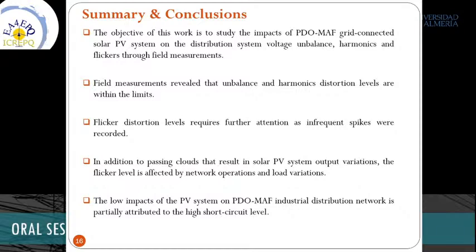However, flicker distortion level required further attention as infrequent spikes were recorded, in addition to the passing clouds that result in solar PV system output variation. The flicker levels are affected by network operation and load variation. It is worth mentioning that the low impact of the solar PV system on the PDO-MAF industrial distribution network is partially attributed to the high short circuit level in the system.